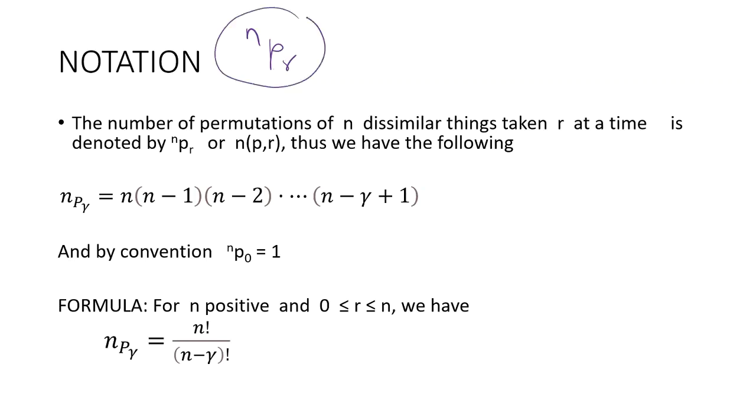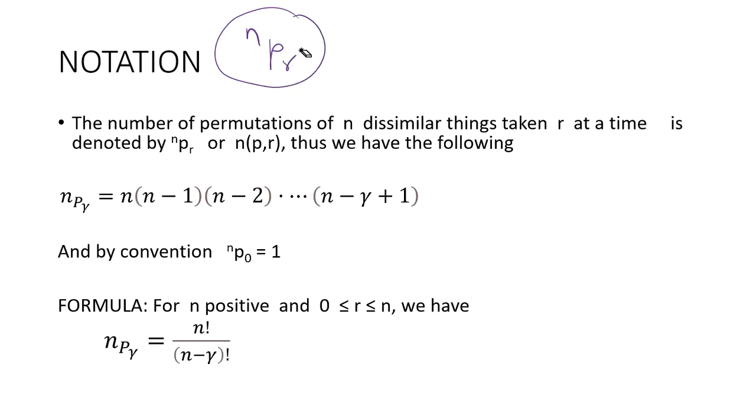So whenever you see this notation, you have to read it as the number of permutations of n distinct objects taken r at a time. If you read it as just nPr, you will not get the flavor of permutations and combinations. So you have to read it as the number of permutations of n distinct objects taken r at a time.